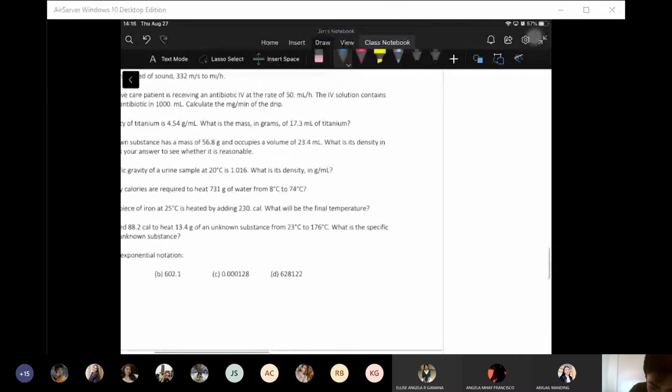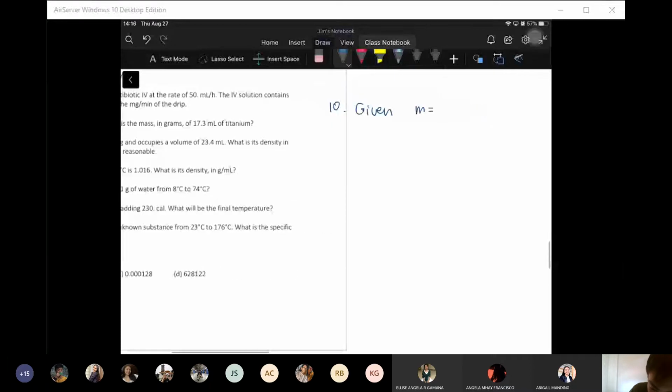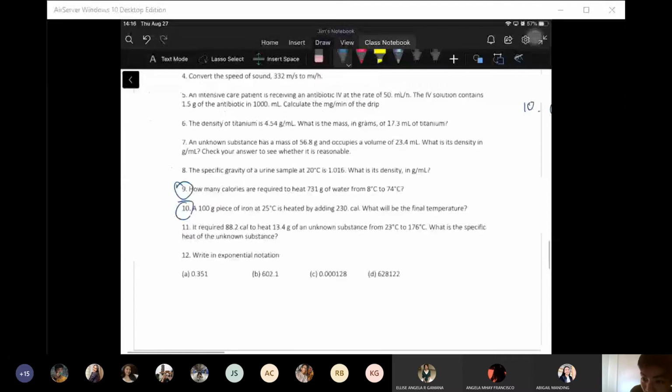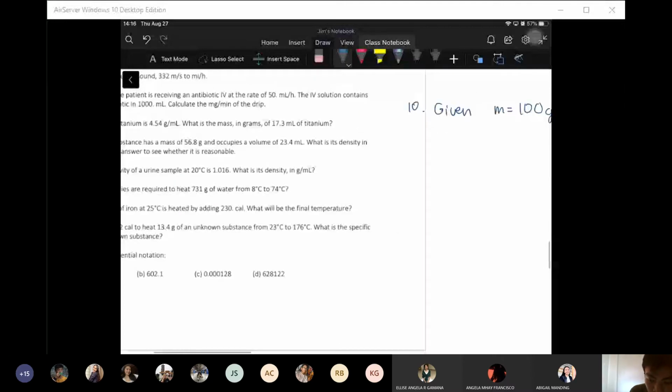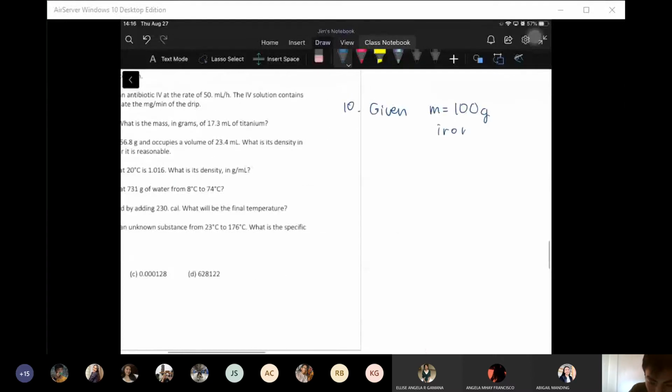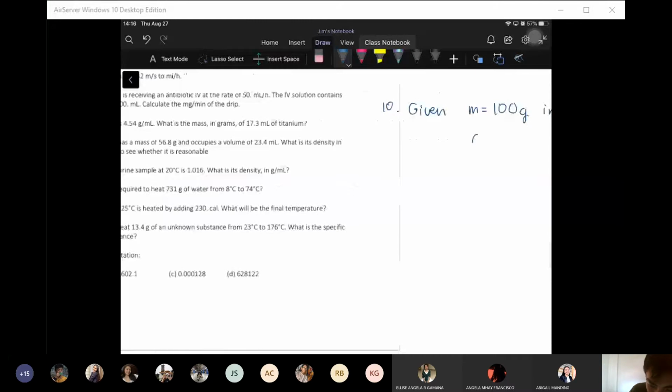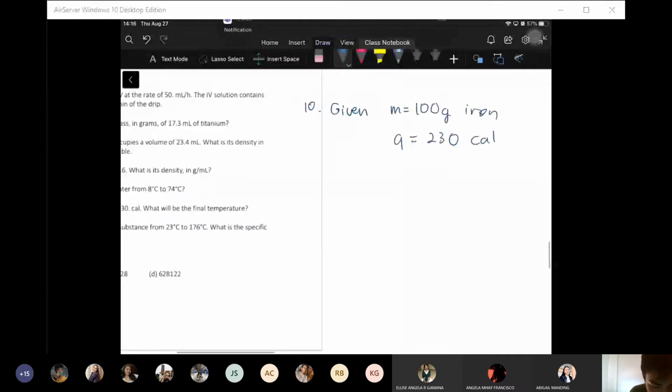Number 10, given: mass is 100 grams. Ano pa? Yung identity ng ating material, binigay no, iron daw siya. 100 grams iron. Tapos, ang heat daw na binigay ay 230 calories.